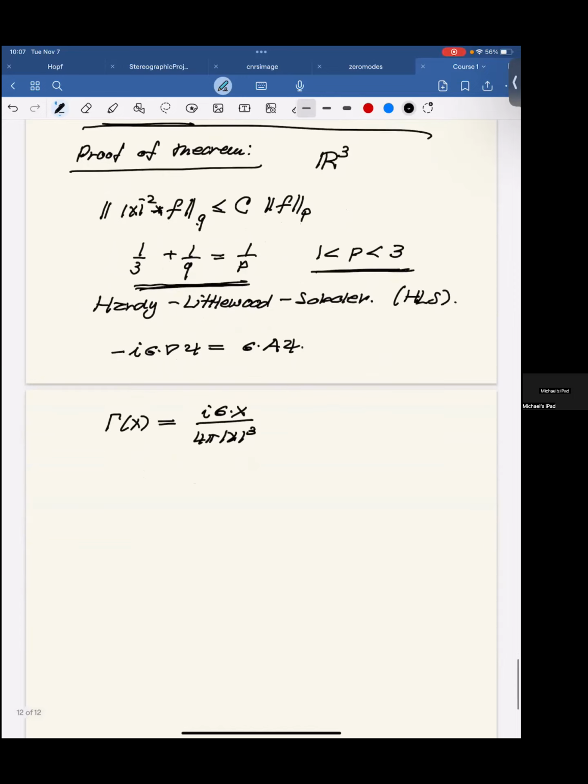And you notice now, I claim, or let me write it differently. Introduce psi twiddle of x, which is gamma convolved with sigma dot A psi.